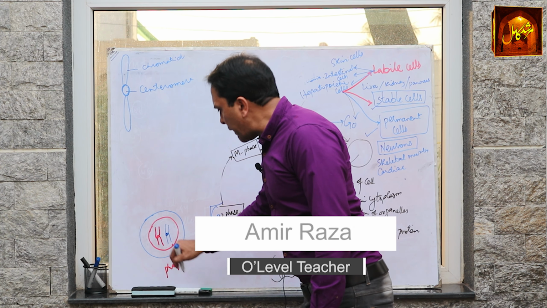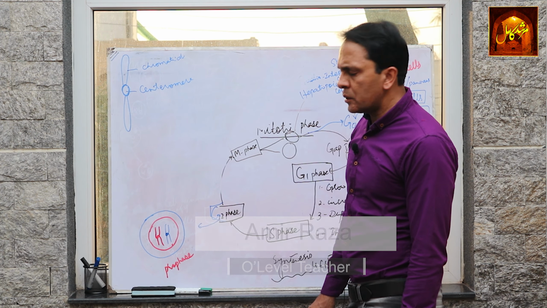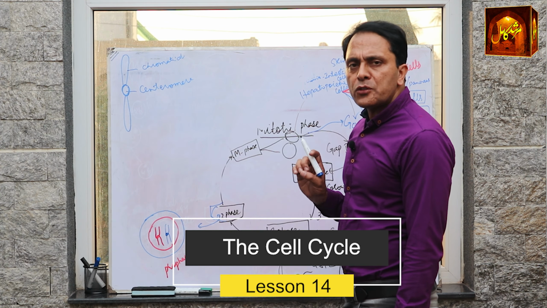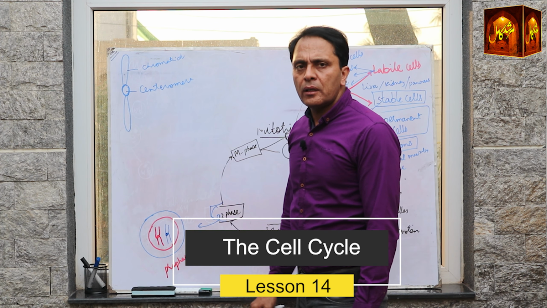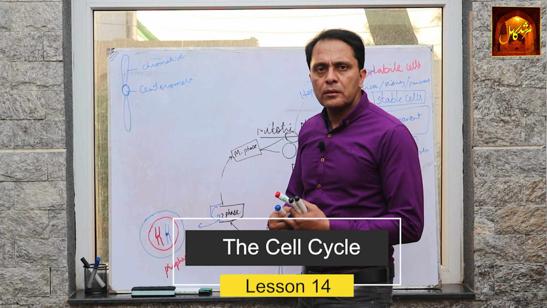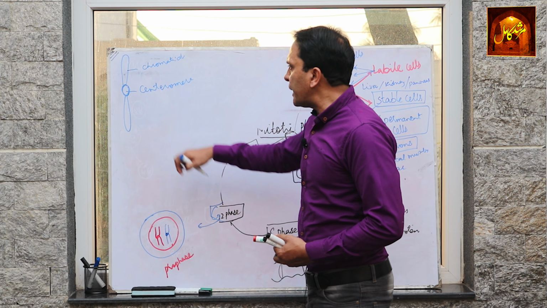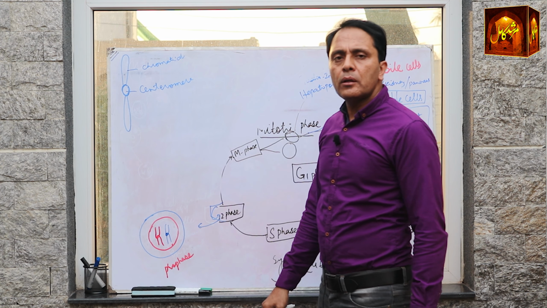So during prophase, these chromosomes are formed. Phosphorylated chromatin material will get condensed, shortened, turned, and will get attached with centromere, which we call chromosomes.